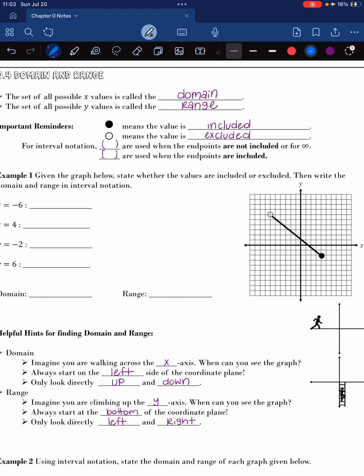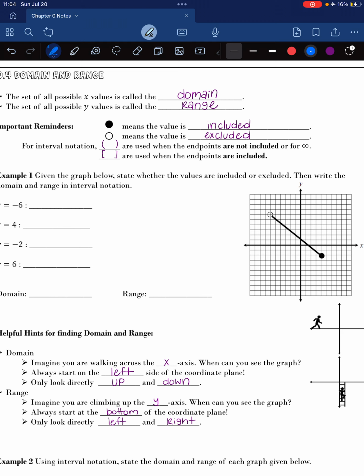And then when I do interval notation, I'm going to use parentheses when there's an open dot, or infinity, when I can't actually equal that value, and I'm going to use these square brackets when the endpoints are included, when a value can actually equal that.